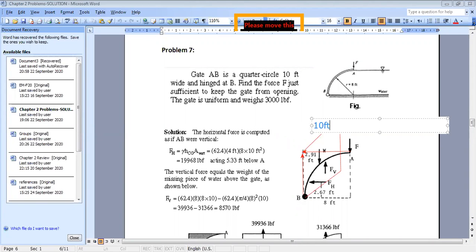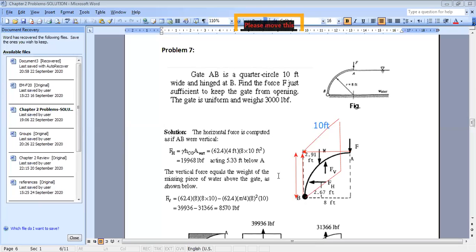And we know that the circle is of radius 8 feet. So here the distance from here to here is 8 feet. So the projection of this curved surface on the vertical plane will give us a rectangle of width 10 feet and of height 8 feet.